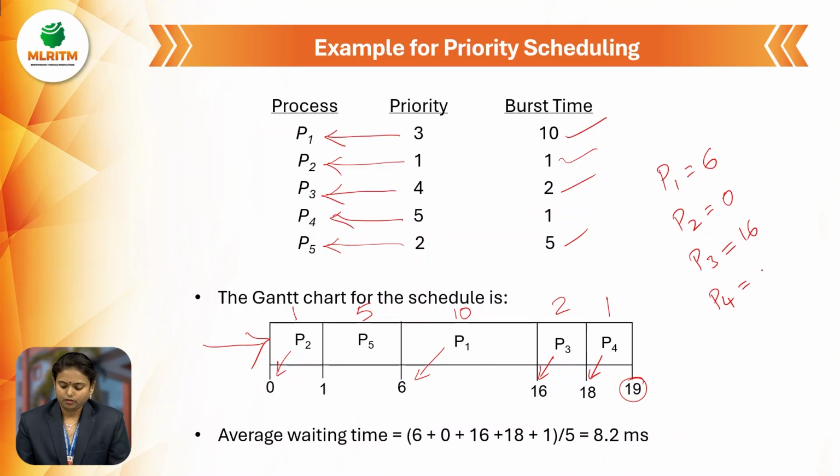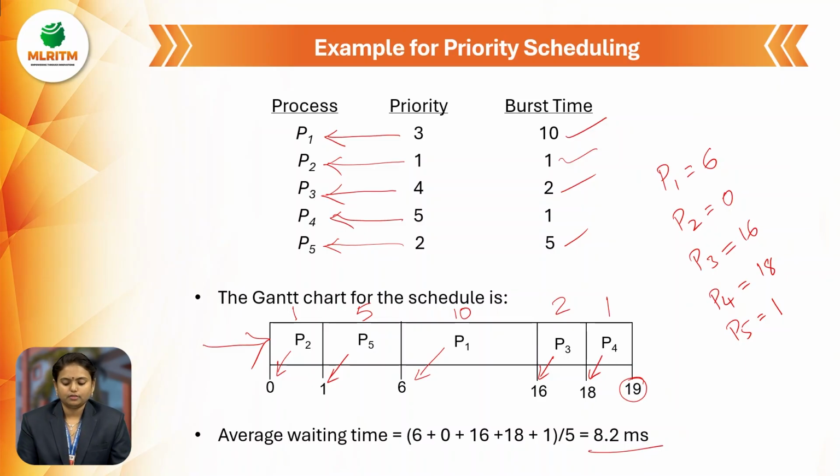P4, 18. And finally P5, 1. So these are the waiting times of each process, and the average waiting time for all 5 processes is obtained by adding them and averaging, and finally you get the answer as 8.2 milliseconds.